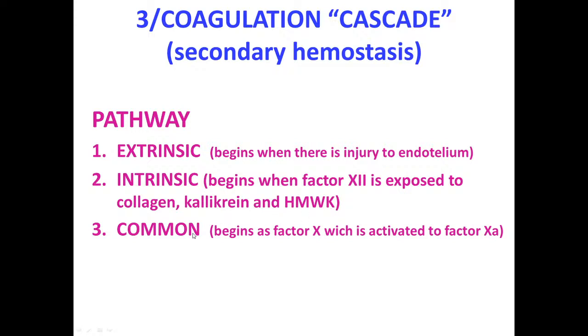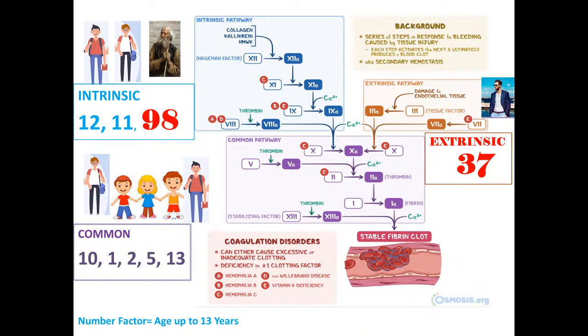And common begins as factor 10 is activated to factor 10A. This cascade is memory, if you have remember, if you have used number factor in age up to 11 years.